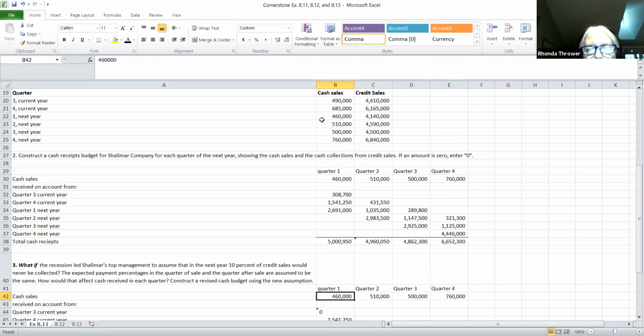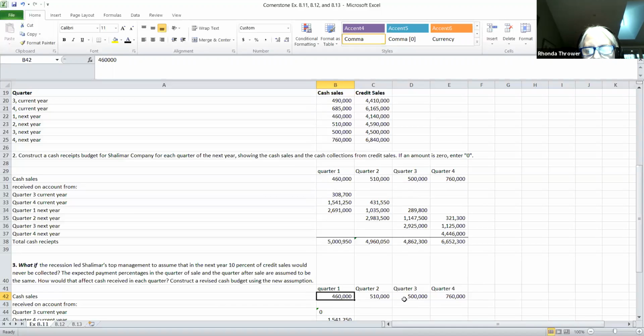And for quarter one, it's the same amounts that we had here. We just copied them in down here. Let's see, that's quarter one, quarter two, quarter three, quarter four. Or you could have simply copied this down here.